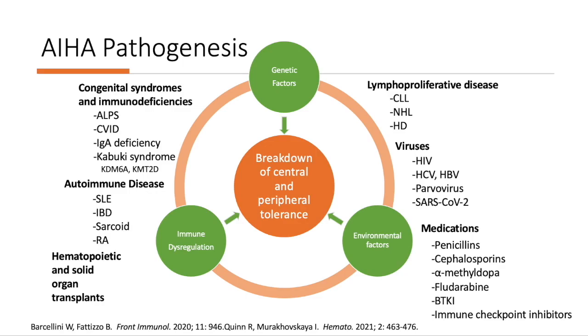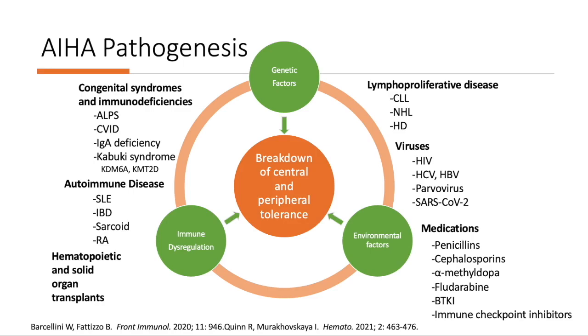Environmental factors, such as acquired lymphoproliferative disorders or viral infections, also contribute to development of autoimmune hemolytic anemia, with CLL being the most common cause of lymphoproliferative disorders associated with warm autoimmune hemolytic anemia, and non-Hodgkin's lymphoma and Hodgkin's disease being fairly less common.